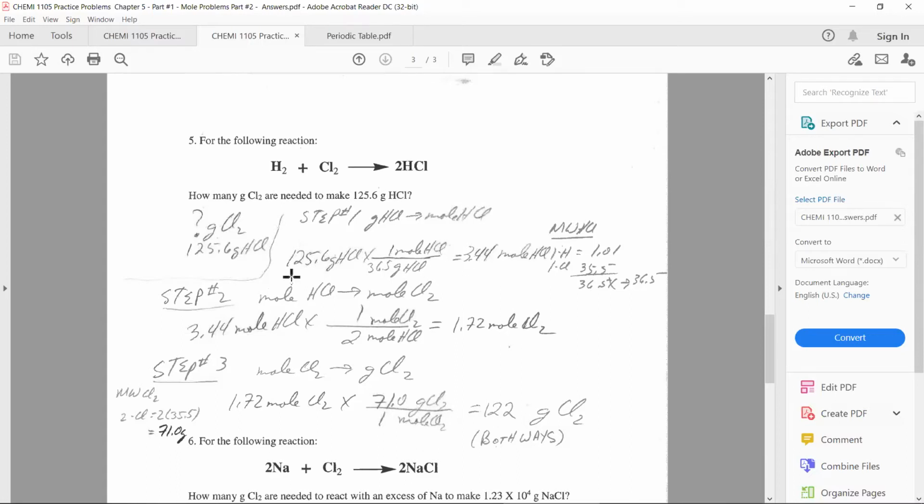I'm left, notice 4 significant, 1 is an exact number, 36.5 is 3 significant figures. So my answer is, I'm going to round off at each step. This is one of those you can do at the end or each step. I'm an each step person, and I rounded it off. Now, step 2.